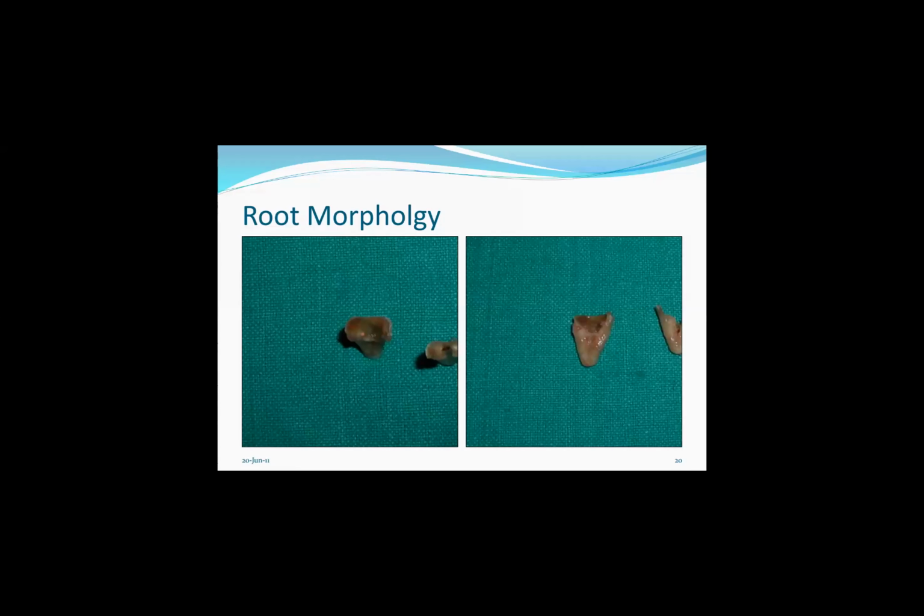That's not why I wanted to show you the slide. Why I intend to show you this slide is that if a metal post is not planned correctly and a wrong diameter post is selected, not based on the diameter of the tooth, you can actually cause more harm than good by having a situation like this coming into the picture.